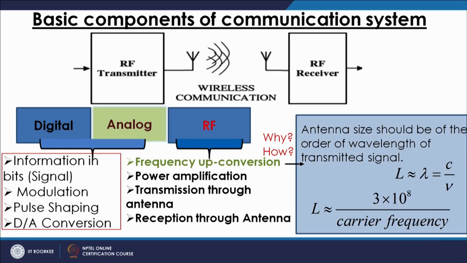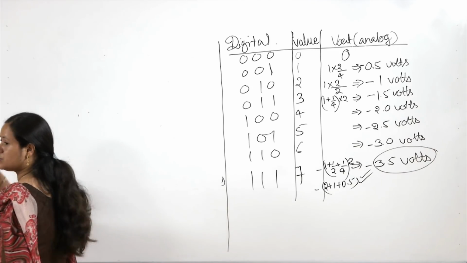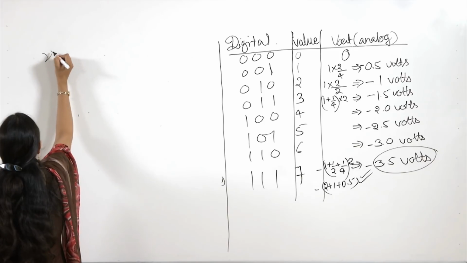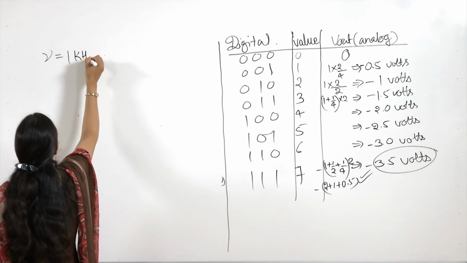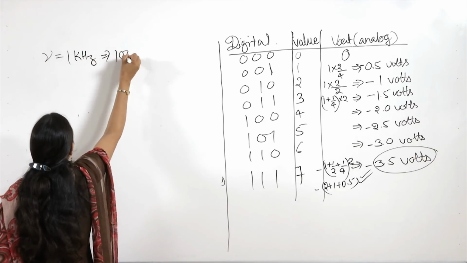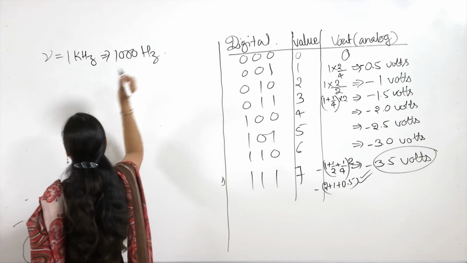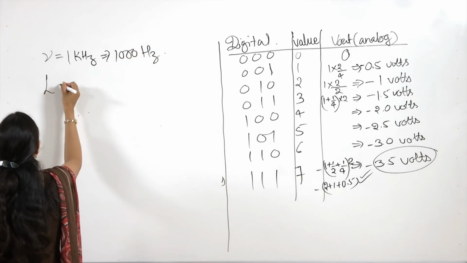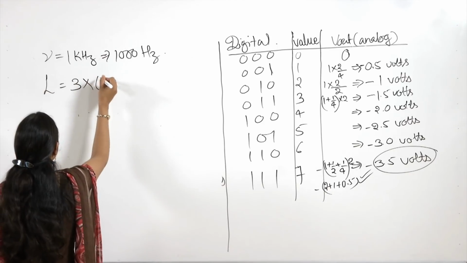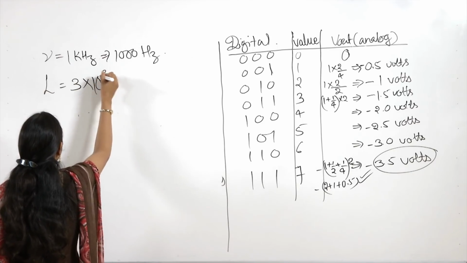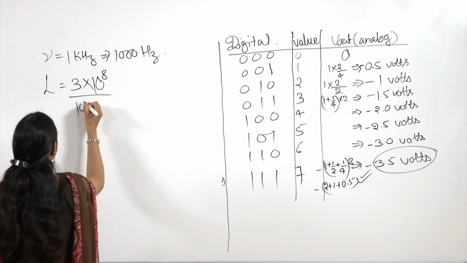So if I use 1 kilohertz, what should be my L? So let's say nu is 1 kilohertz or 1000 hertz. Then our length is actually 3 into 10 to the power 8 divided by 10 to the power 3.